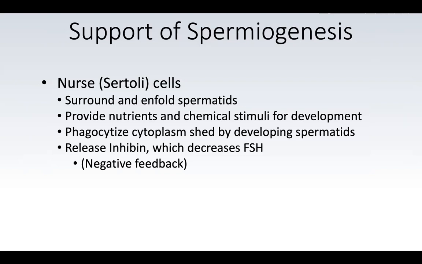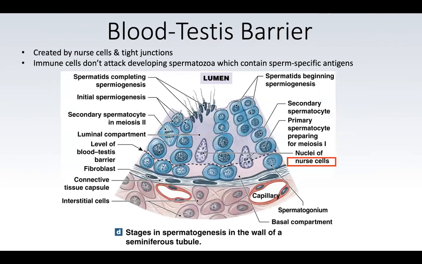Follicle stimulating hormone will travel through the bloodstream to access the nurse Sertoli cells and increase sperm production and maturation. The nurse Sertoli cells will also release inhibin, which is going to be really important for negative feedback. Inhibin will go back to the anterior pituitary gland and say, hey, we've got ample sperm production. We can take a break for just a little bit so that the testes is never overloaded with sperm, if you will.